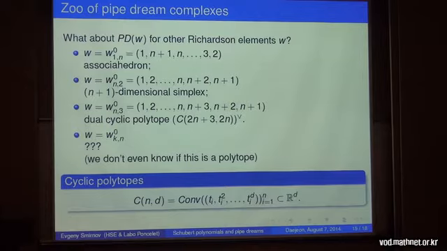Their convex hull is the cyclic polytope C(n,d). So this guy, which I get in this case, is dual to the cyclic polytope C(2n+3, 2n).